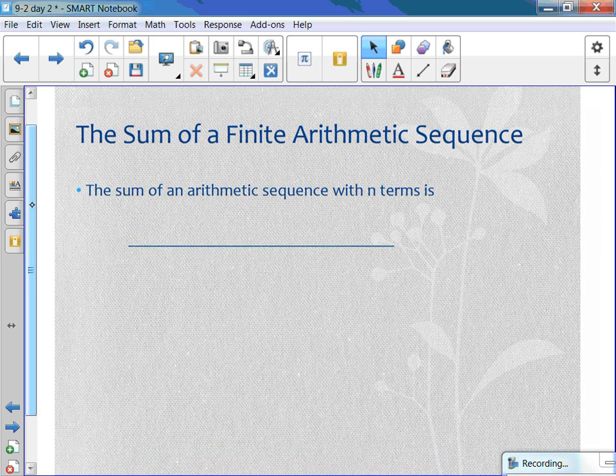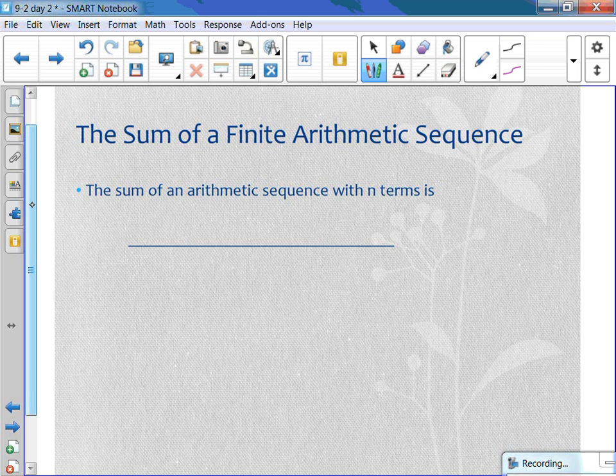So again, we've already looked at sequences and series. In particular, we looked at the arithmetic sequences on Friday. We can find the sum of an arithmetic sequence with n terms.